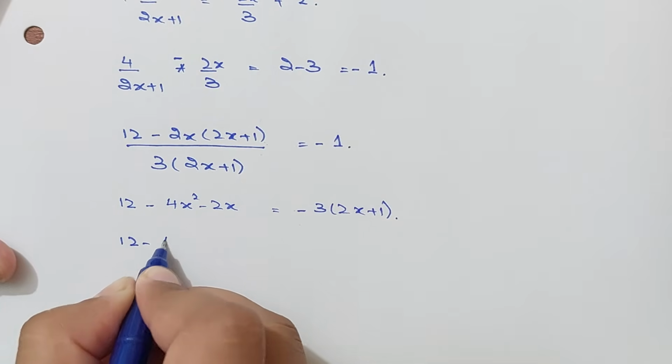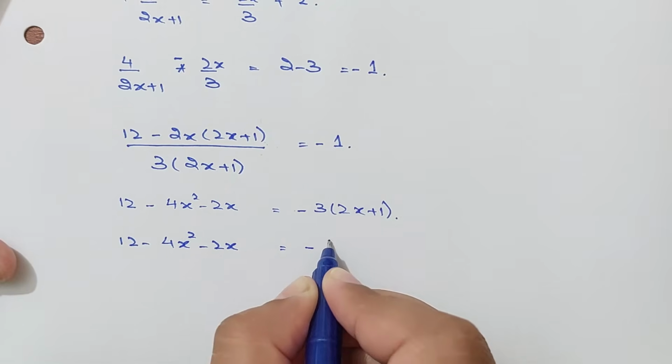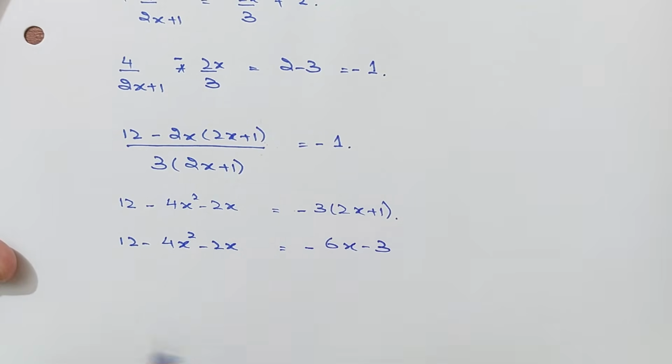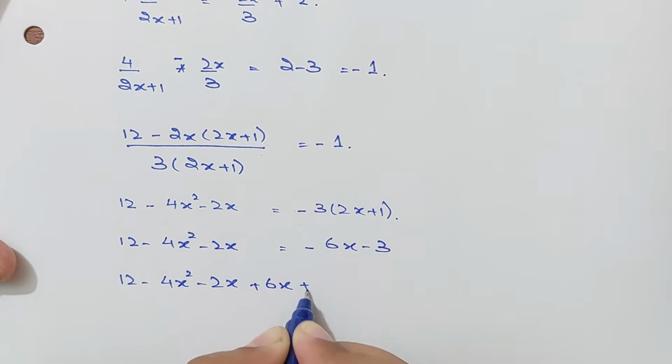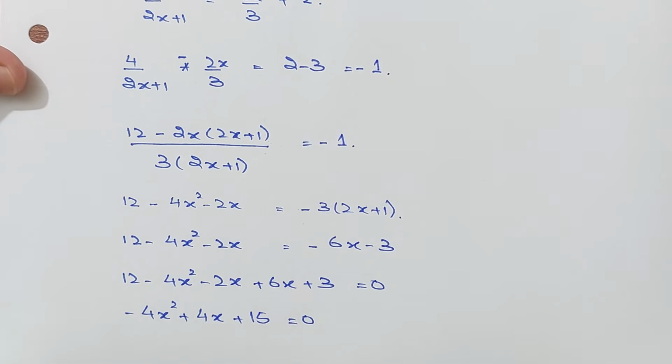So 12 minus 4x squared minus 2x equals negative 6x negative 3, right? So 12 minus 4x squared minus 2x plus 6x plus 3 equals 0. So minus 4x squared plus 4x, and 12 plus 3 is 15, equals 0. Or let me take the negative sign common: 4x squared minus 4x minus 15 equals 0, right?